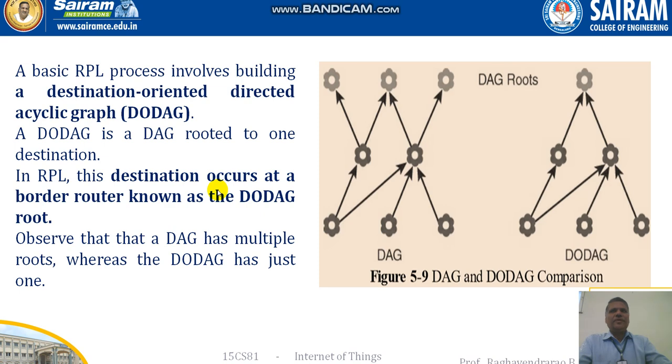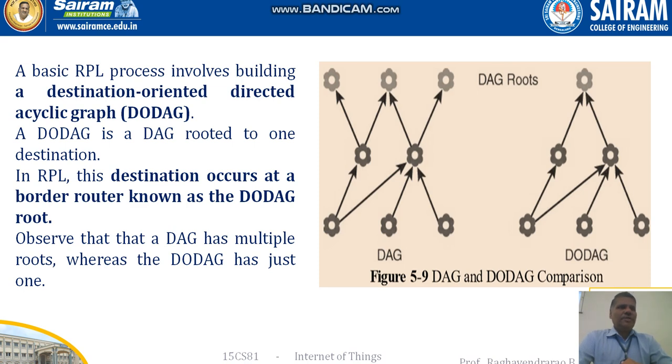A basic RPL process involves building a destination oriented directed acyclic graph, DODAG.